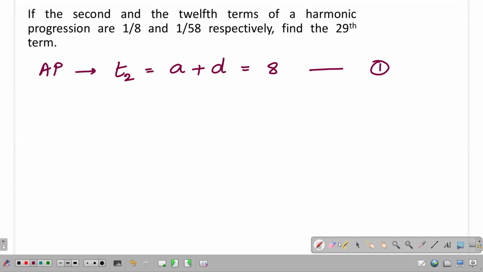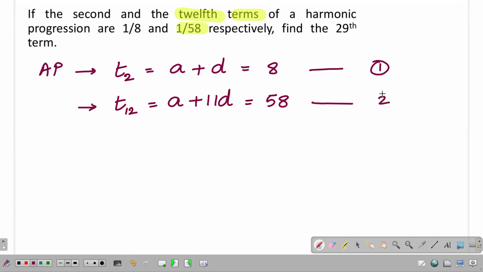In the same way, the 12th term of the harmonic progression is given as 1 by 58. So treat it as the arithmetic progression. Can I not say that the 12th term of this arithmetic progression, that is a plus 11 times d, is equal to 58? I can write this as the second equation.